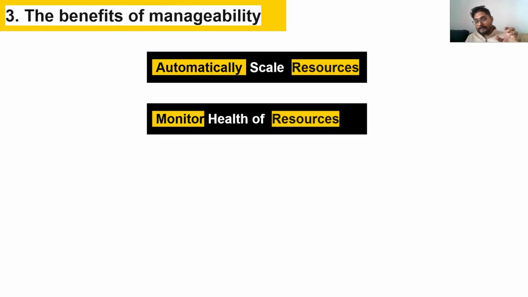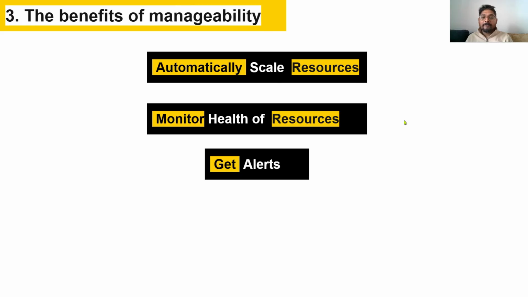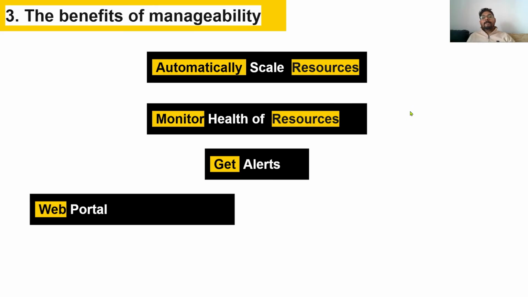Let's say monitoring the health of resources. If something is not working, monitoring the health of all my resources, all my VMs, that can be done. Get some alerts. If something goes wrong, then it should alert me. Right? So those kinds of manageability can be managed using Azure. The best part is you can access Azure using the web portal and manage things through it, which is what most people do.